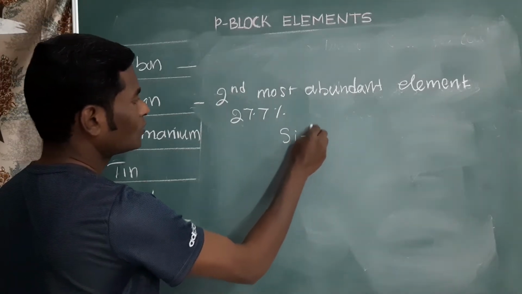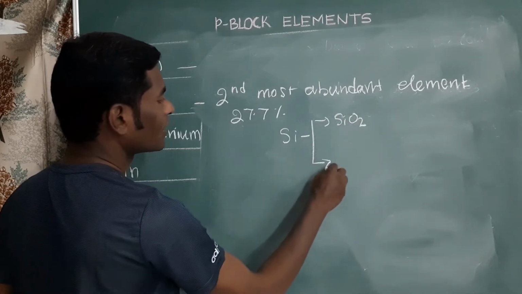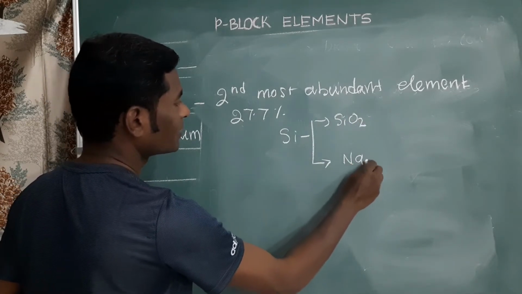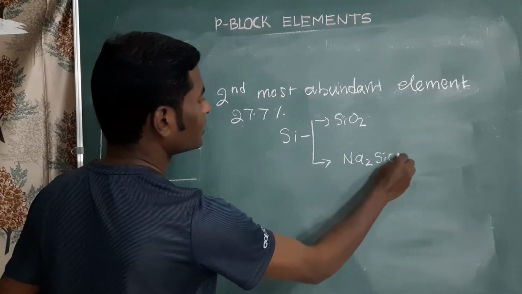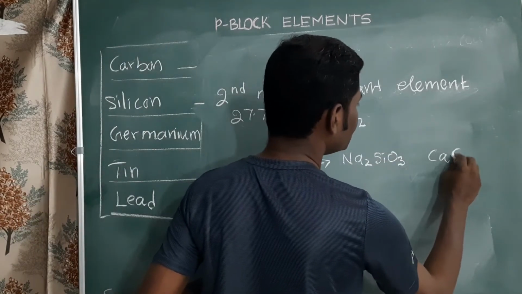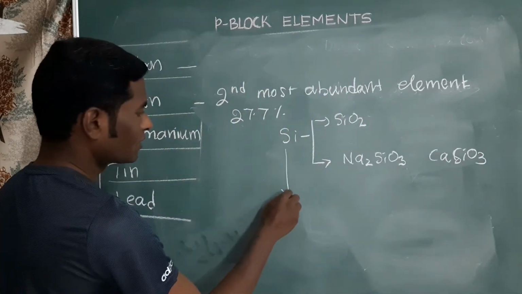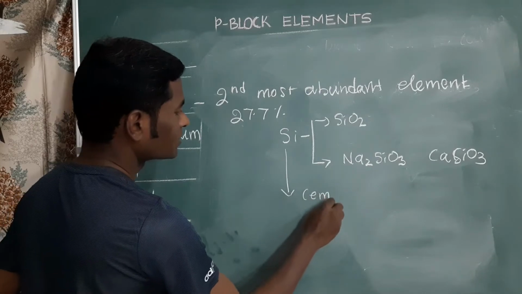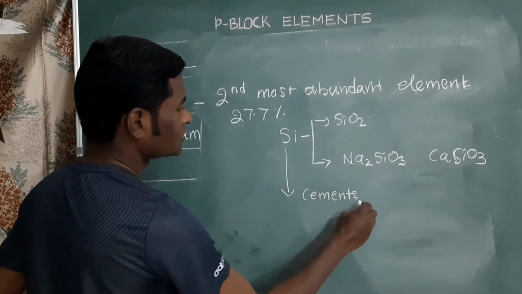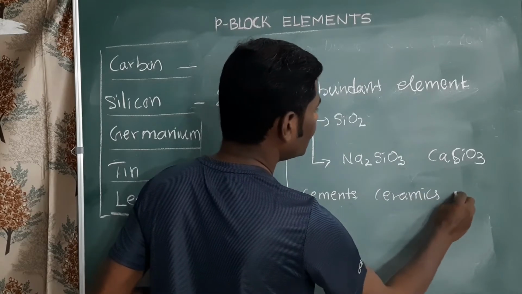Silicon is obtained in two different forms, silica SiO2 and silicates. Examples of metal silicate: sodium silicate Na2SiO3, calcium silicate CaSiO3. Silicon is an important compound in cements, ceramics and glass.